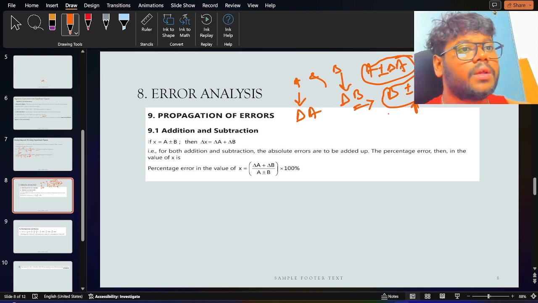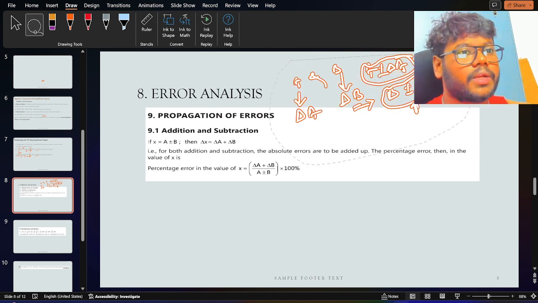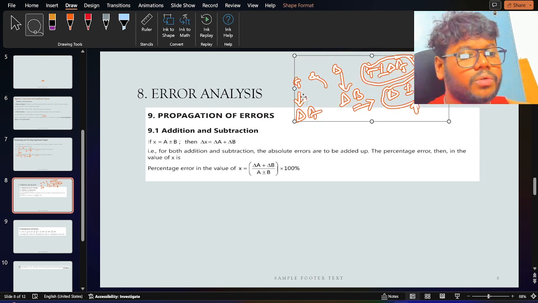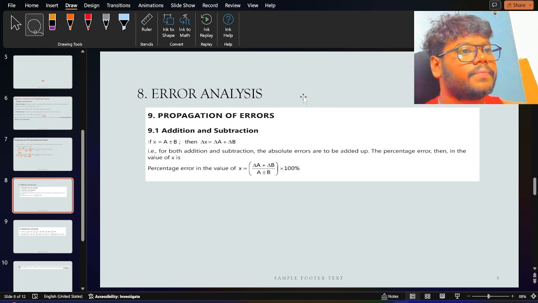So how are we going to calculate for operations like summation, addition, multiplication, and many more that are present in our physical quantities?